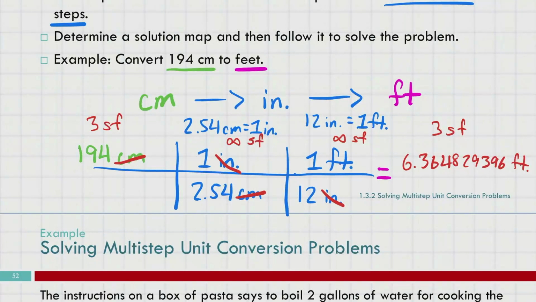For setting them up, we're turning them into fractions. So the way that we do that for maths is we divide both sides by one of them. I'll rewrite it up here. 2.54 centimeters equals 1 inch. Last time we looked at making the two possible forms of this conversion factor, and they're just flipped from each other.